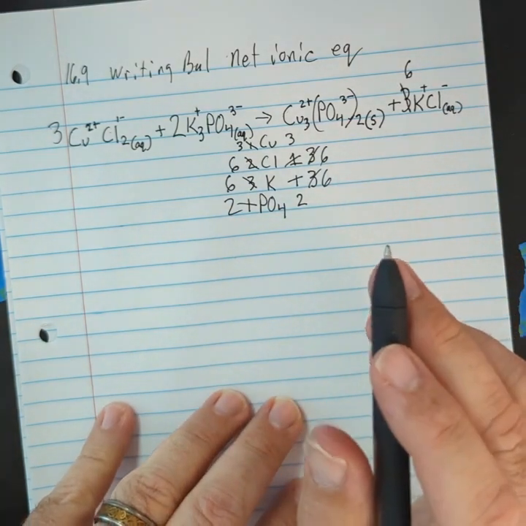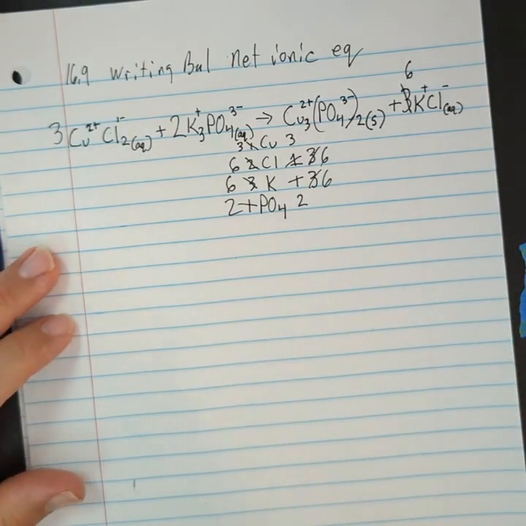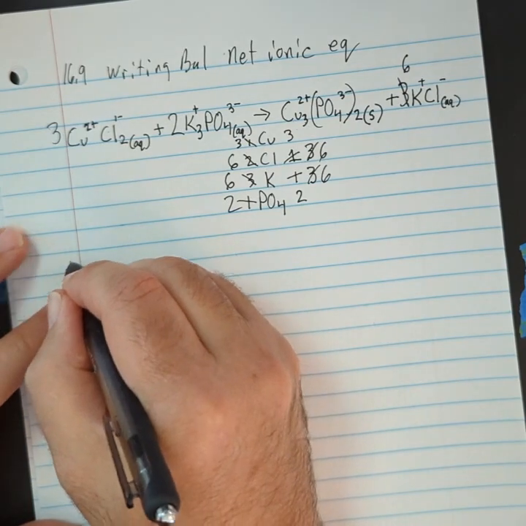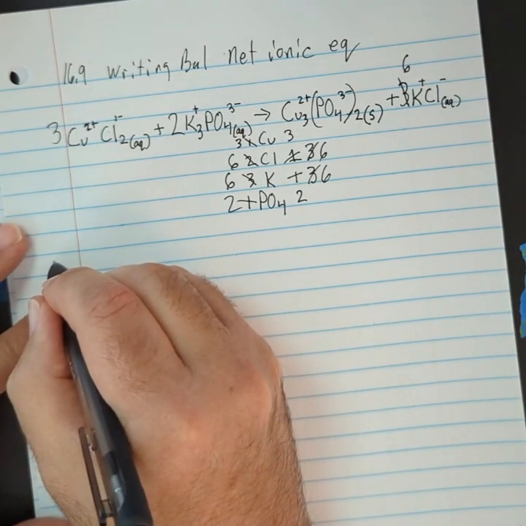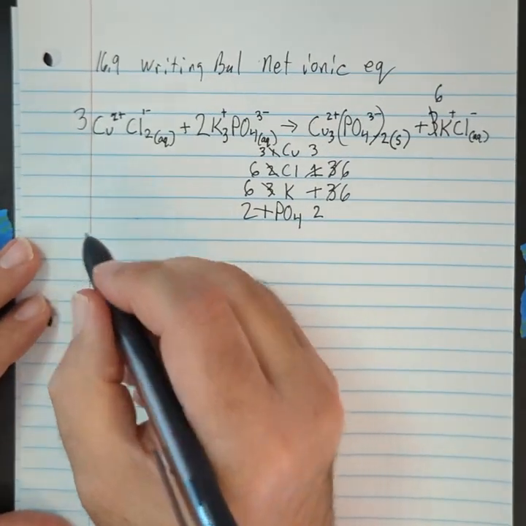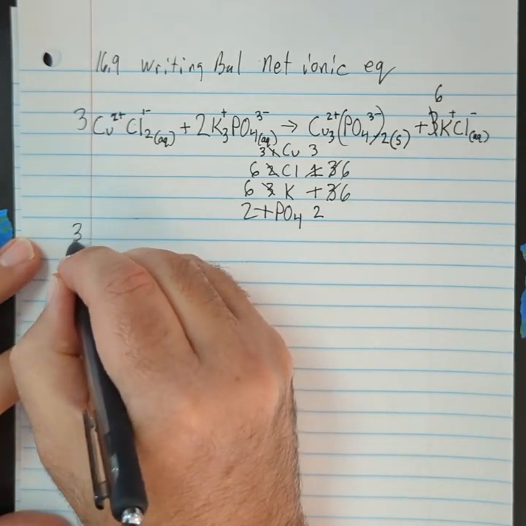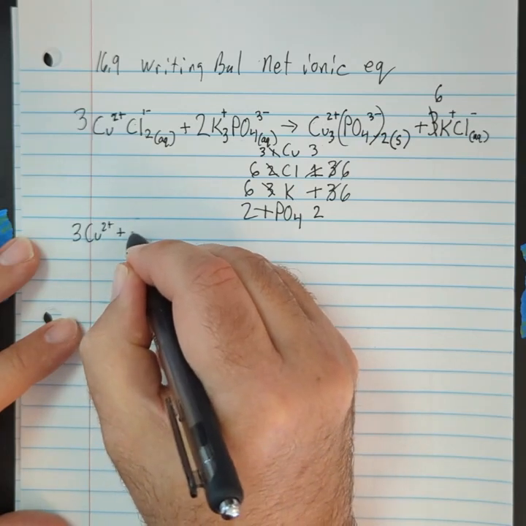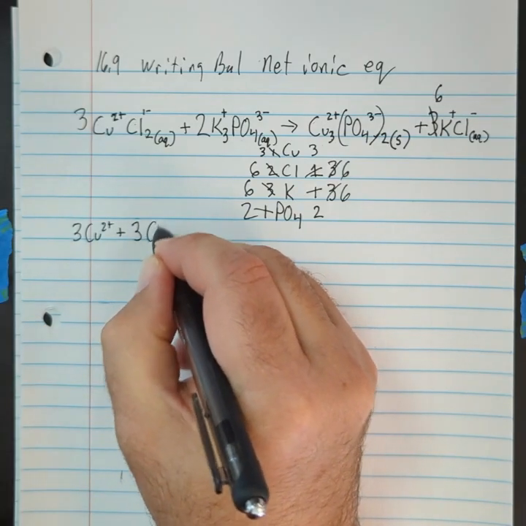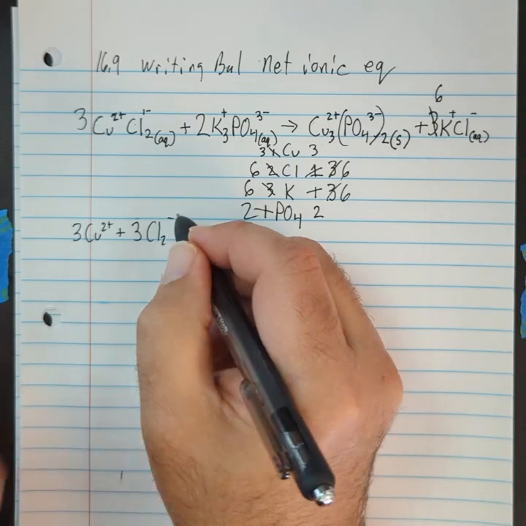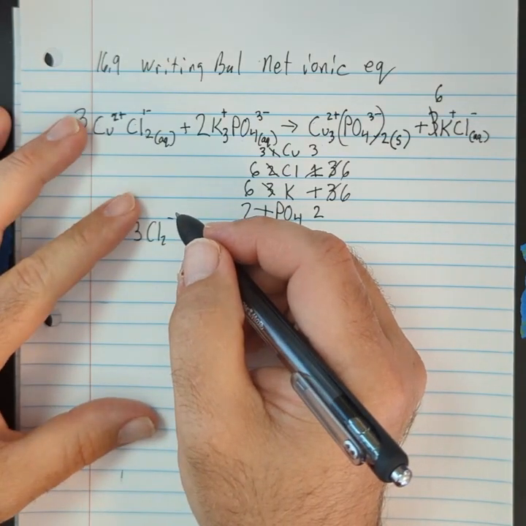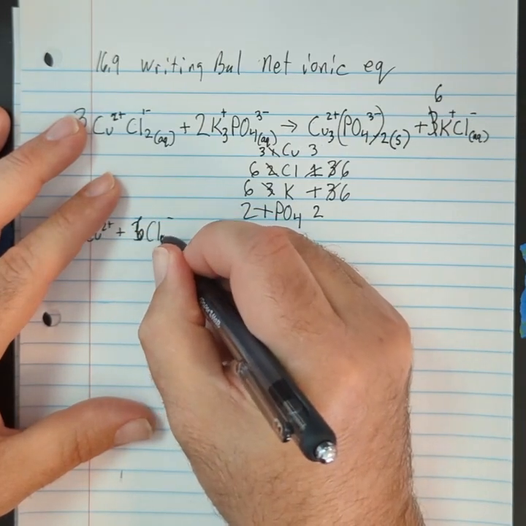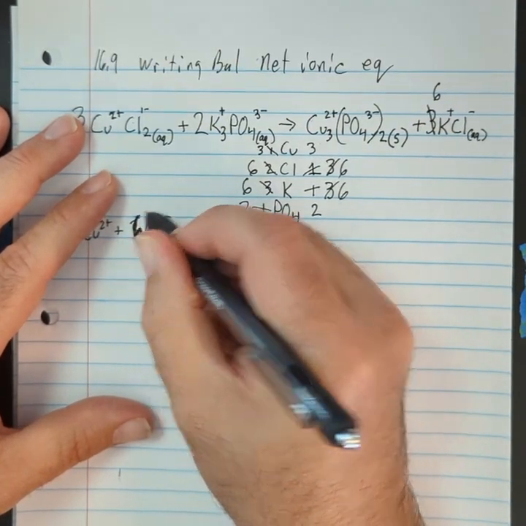Now, what we do with that balanced equation, we have to write that ionic equation. All right? So I'm going to start way over here. So we've got 3 copper plus 3 CuCl2. Well, I'm going to put a 6 there because they would be individual ions, so that makes sense.